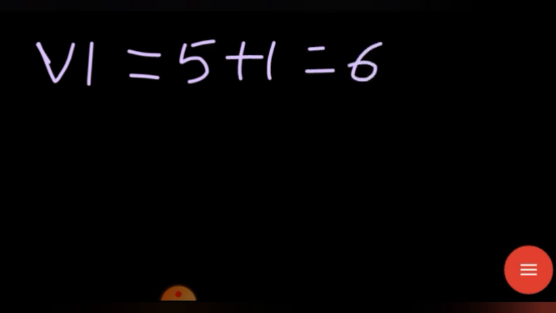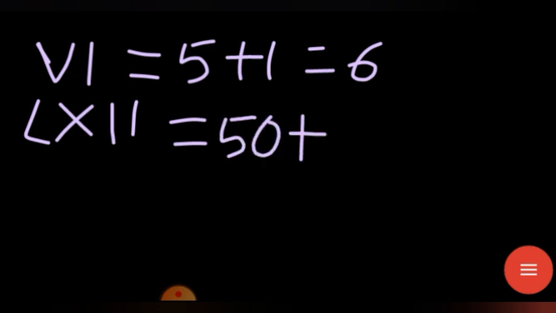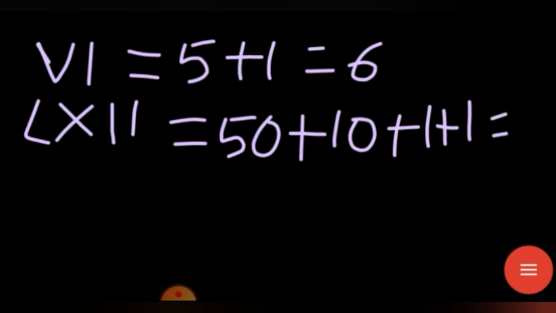5 plus 1 is 6. This is the second rule. If I am writing L X I I, what is L? L is 50, X is 10 and I I is 1 plus 1. So which number is this? 50 plus 10 is 60, 60 plus 2, 62 is the number.